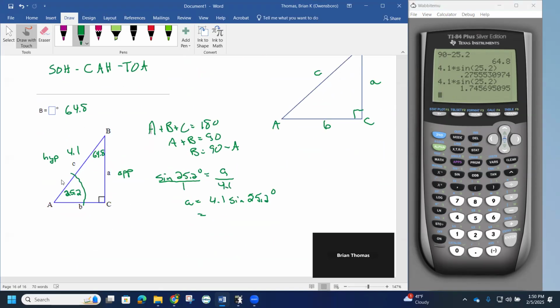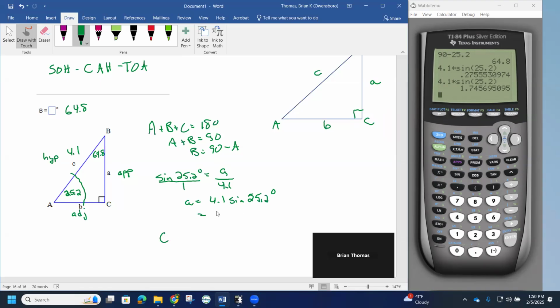And then if we want to find side B, if we're still using angle A, notice that side B is the adjacent, and C was the 4.1. So we want to use the number that's not rounded. Notice how side A we had to round. So let's use C so we're not rounding anything. If we use adjacent over the hypotenuse, this actually turns into the cosine function.